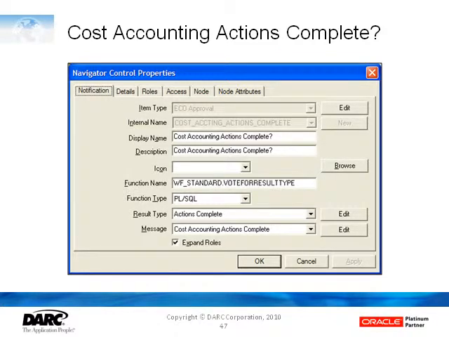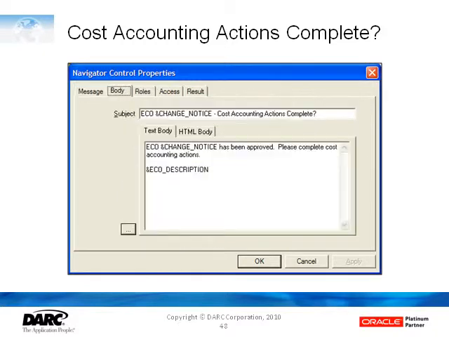The next step is the cost accounting actions, which is performing the cost roll-up to look at the impact these changes had on the cost. Again, in the function name, we're using the voting method, vote for result type, and we have a custom message called cost accounting actions complete. You can see in here that the subject and the body have been customized to tell the cost accountants that this ECO has been approved and they need to do their cost accounting work.